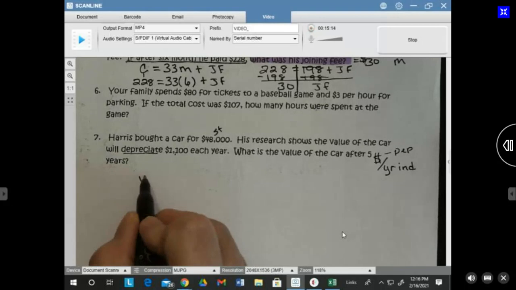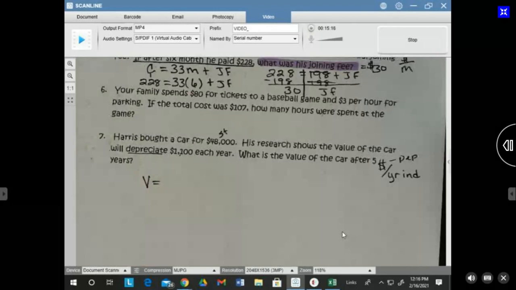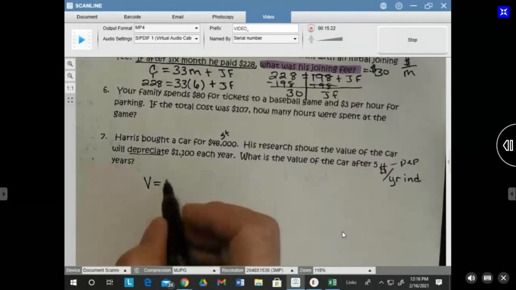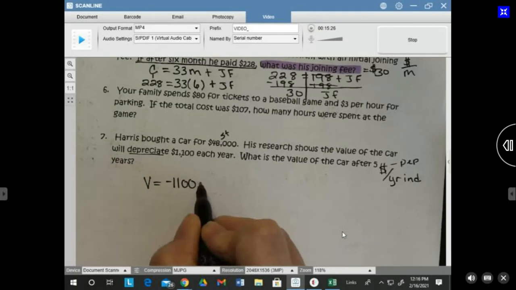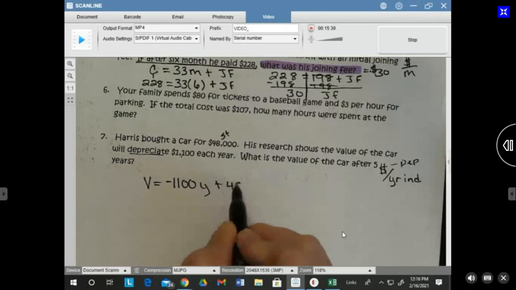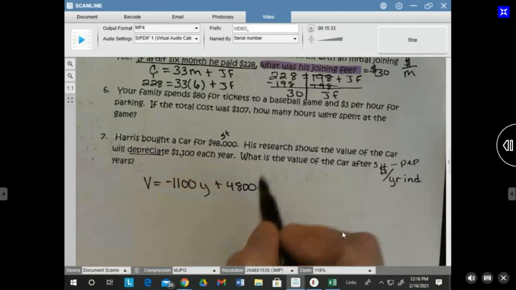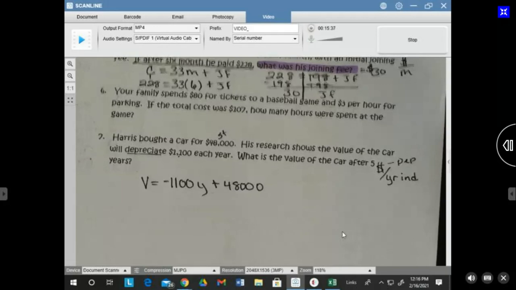So the value of the car, that's my dollars, is equal to, so it's going to depreciate. Good. Negative 1,100 times the years plus that 48,000. All right, what does this say?